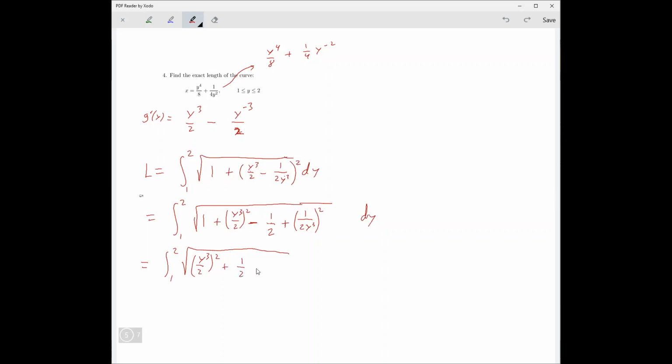Plus 1/2 plus 1 over 2 y cubed all squared. Okay, and so what does this part become? What is all this right here?